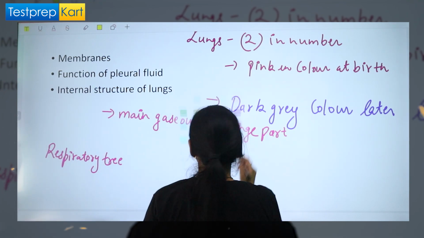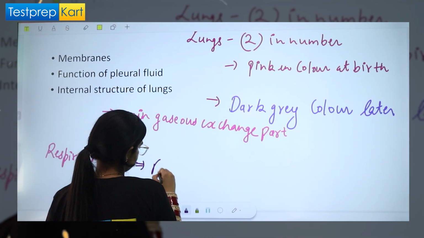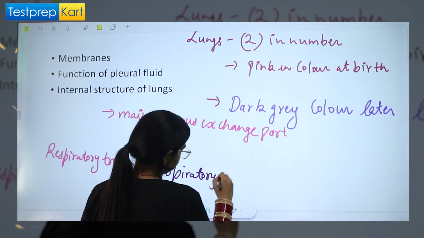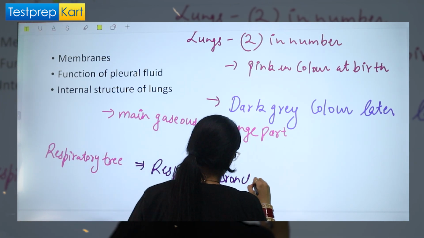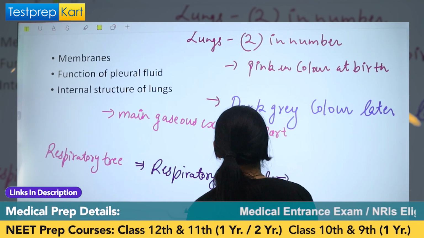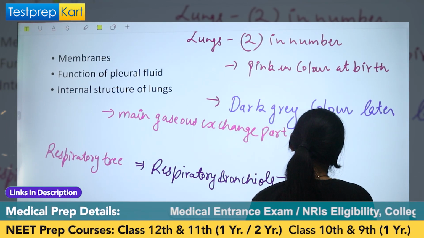The respiratory tree comprises the respiratory bronchiole, that is, the terminal bronchiole opens into the respiratory bronchiole. We discussed this earlier in the respiratory passage. It will form the alveolar duct.